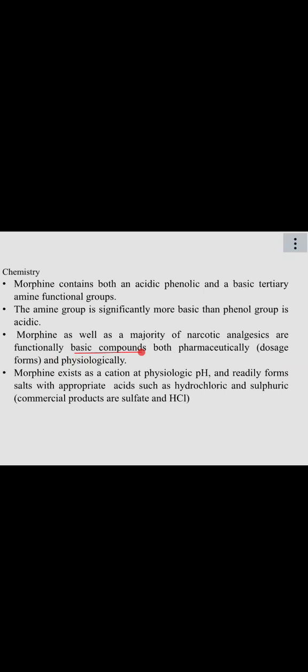The alkyl groups push electrons, and therefore the nitrogen has a lone pair of electrons, so it is protonable at physiological pH. That means for most morphine formulations, to increase their water solubility, you can give them as acidic salts, whereby you add a bit of acid and the nitrogen is protonated. Morphine exists as a cation at physiological pH and readily forms salts with appropriate acids such as hydrochloric acid and sulfuric acid, and normally the commercial products are either sulfate or hydrochloride.